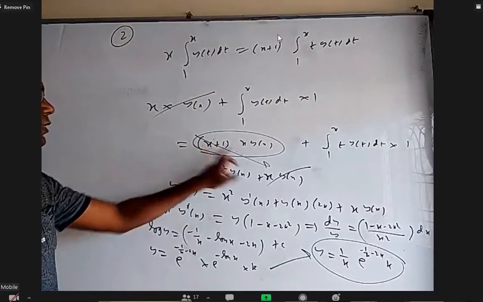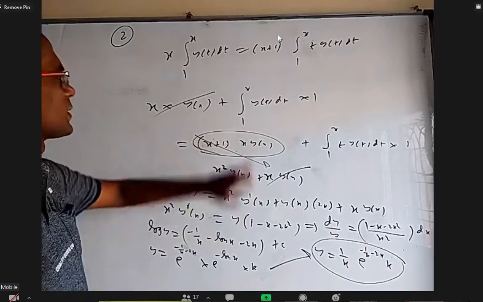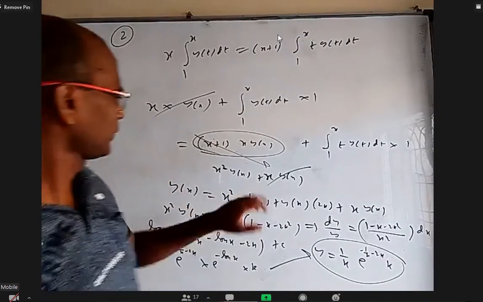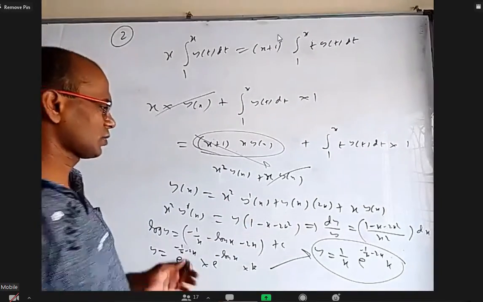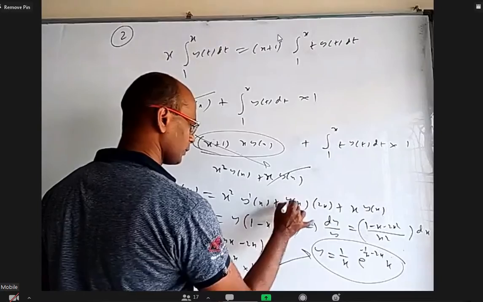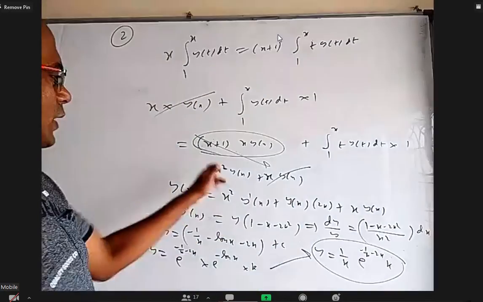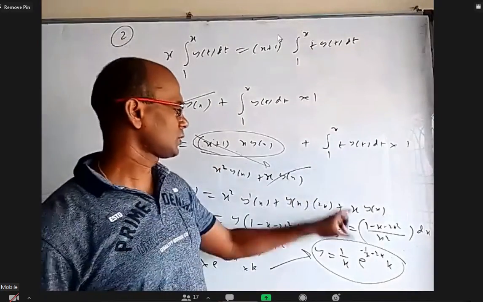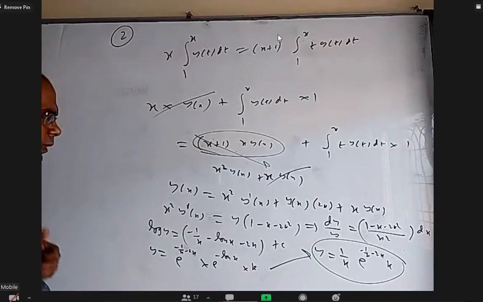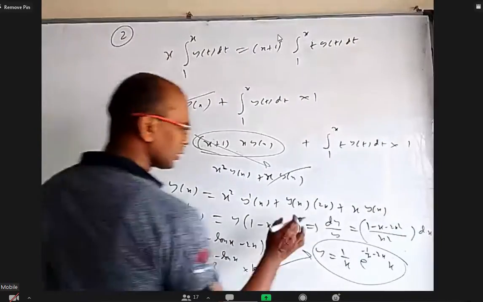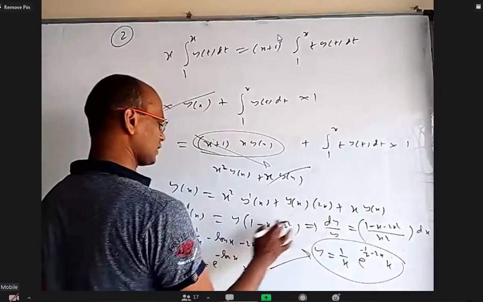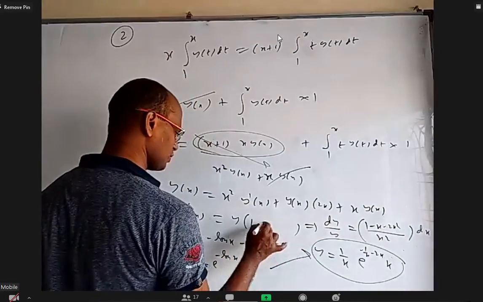Good. x square y(x) and y(x) got cancelled. This is the derivative y(x). So this is fine. This is y(x), not y into x, into 2x. Okay, and this x. So this is 2x. This is wrong. This is not 2x square. 2x plus x is 3x. So it's simply 1 minus 3x.